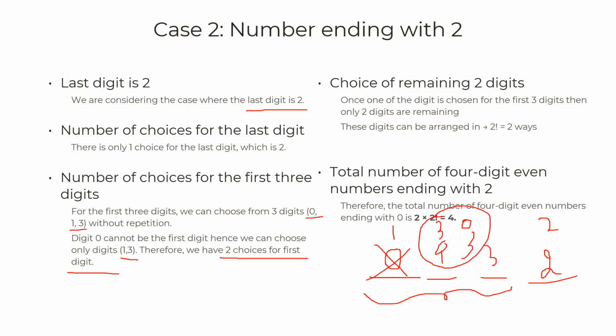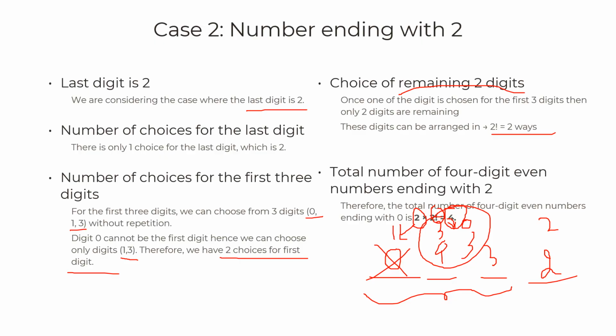So we have 2 different ways in which the remaining 2 digits can be chosen. In this way, we have 2 different ways for the first digit and 2 different ways for the second and third digit. Hence we have a total of 4 numbers which can be formed which are ending with 2.